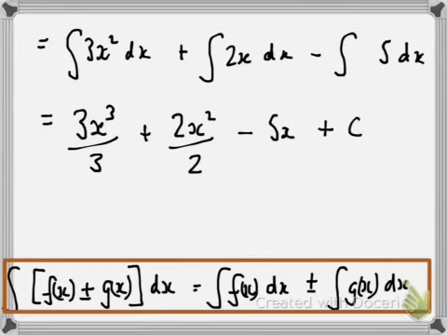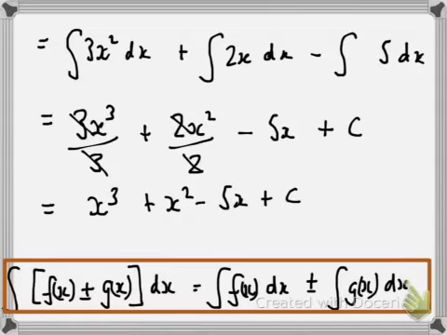We don't have to put plus c for each individual bit, but we need to put the plus c at the end. So the 3's cancel in the first one, x cubed, plus x squared, minus 5x plus c, and there's our integral.